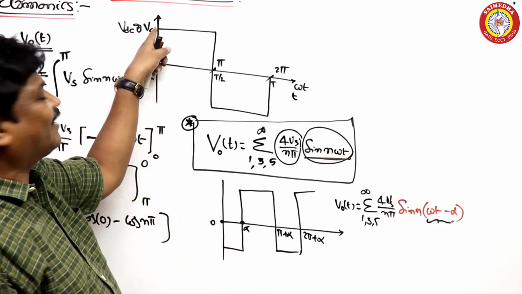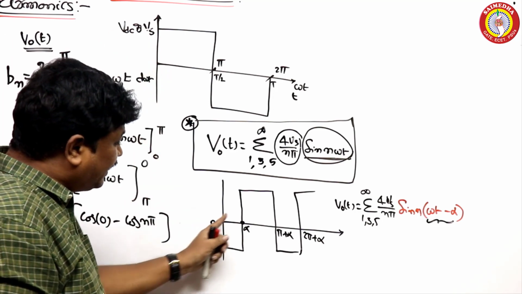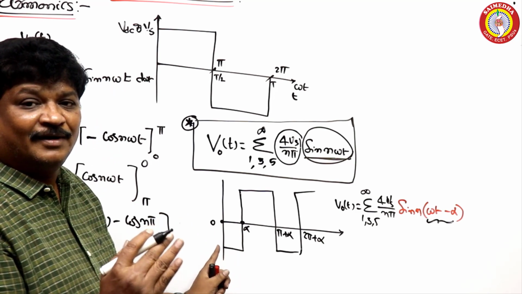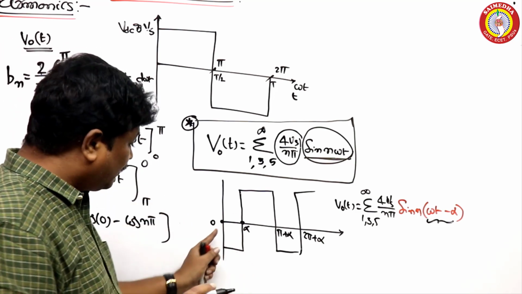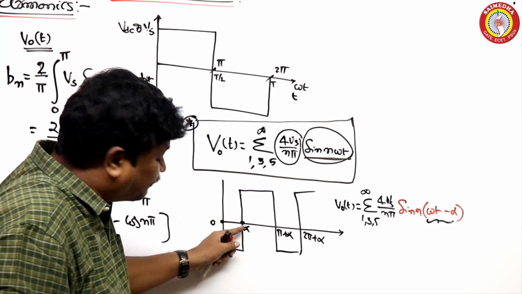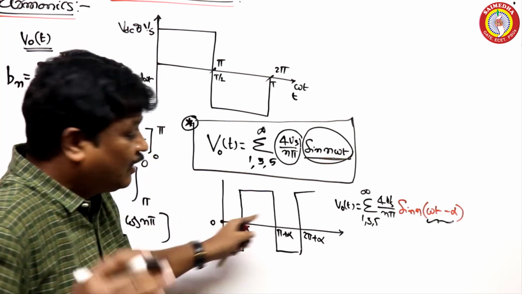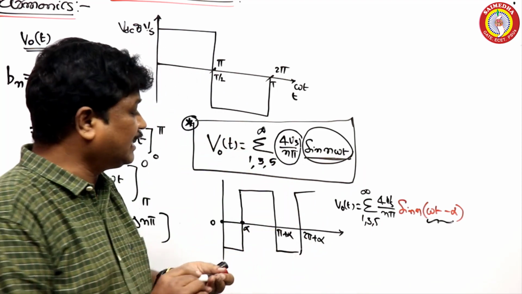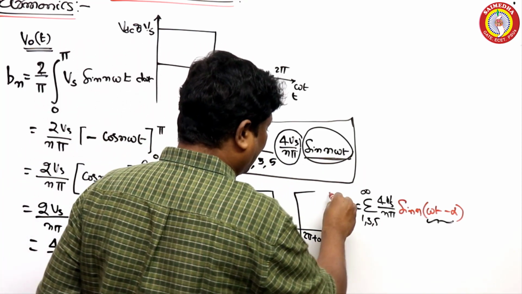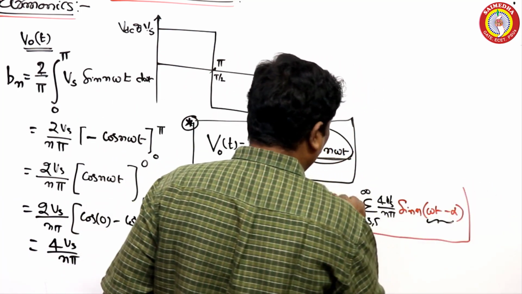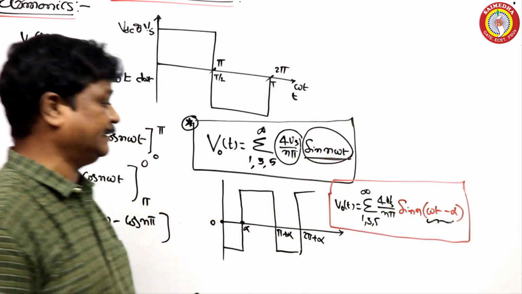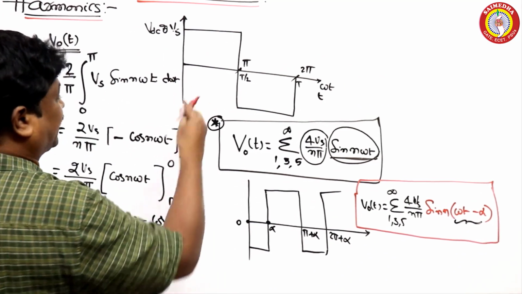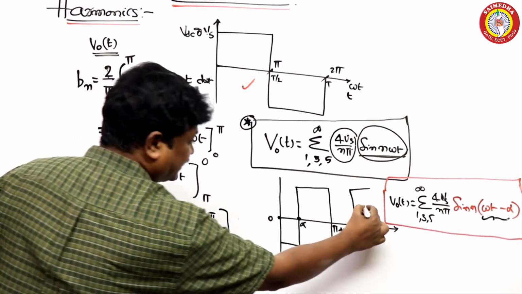This signal starts here, so it will be the same waveform with an angle of delay of alpha. Delay means it does not start here; after some time it starts. That's why we say lagging. When a lagging situation comes, we denote it with the minus sign. So this is the output expression for this square wave delayed by some angle alpha. For this waveform the output expression is this one.